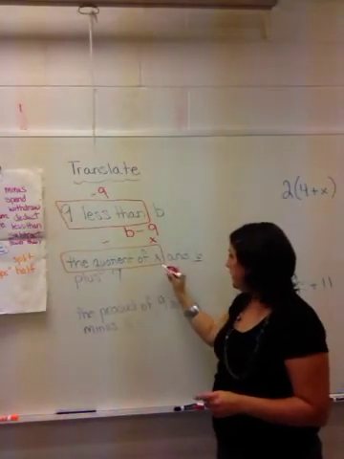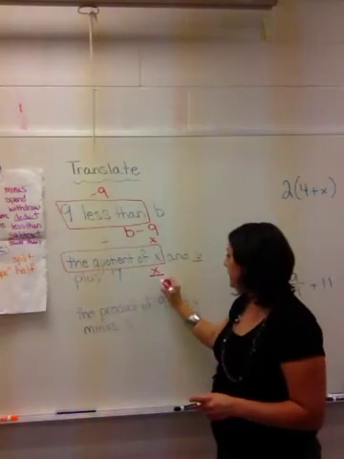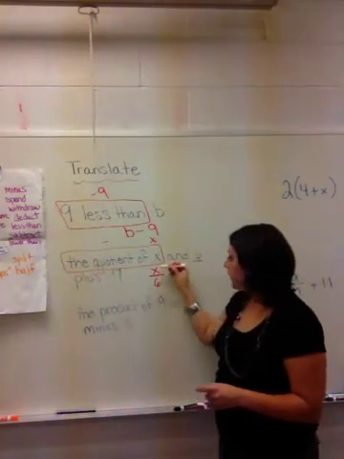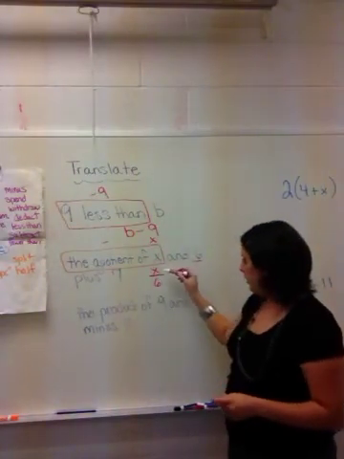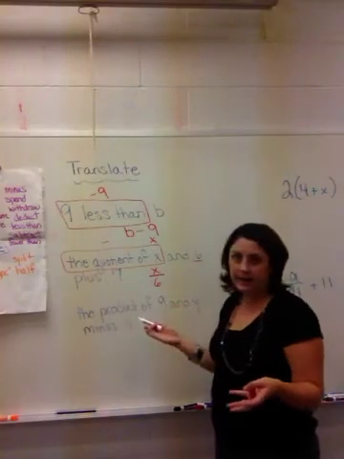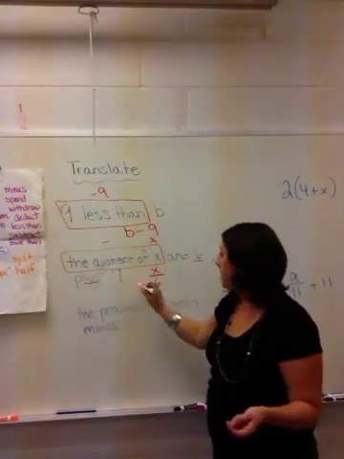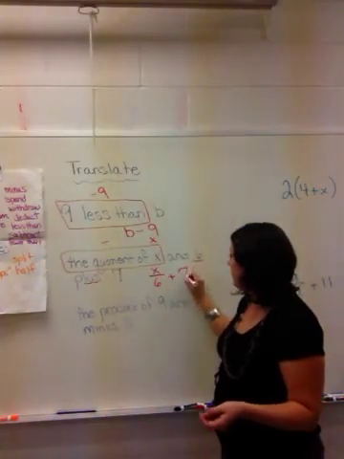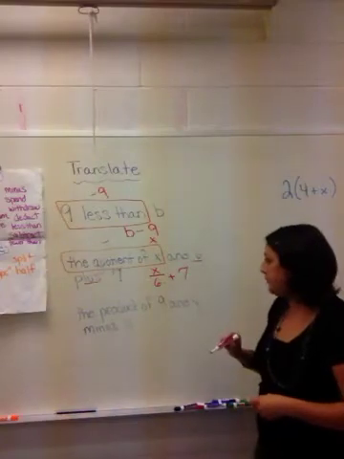So if I'm going to write x and 6, and I know I have to divide, in algebra I use a division bar, not that little division sign. So the quotient of x and 6, division is just right in the order, plus 7. So I'm just going to put plus 7 on the end. So I'm dividing x by 6, plus 7.